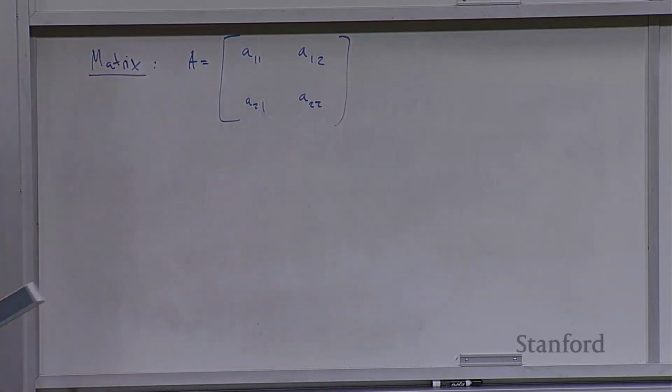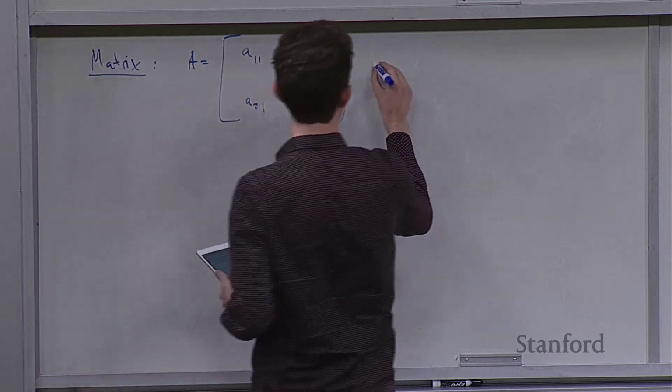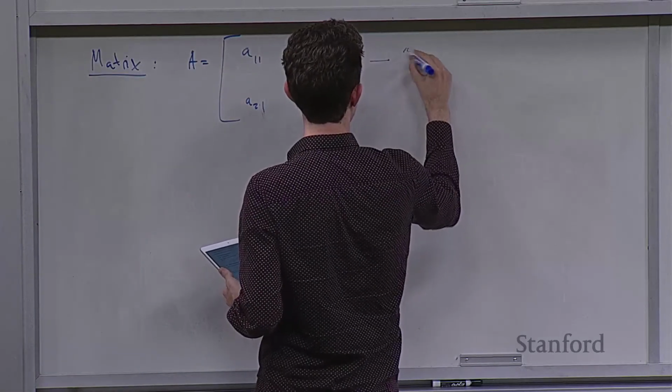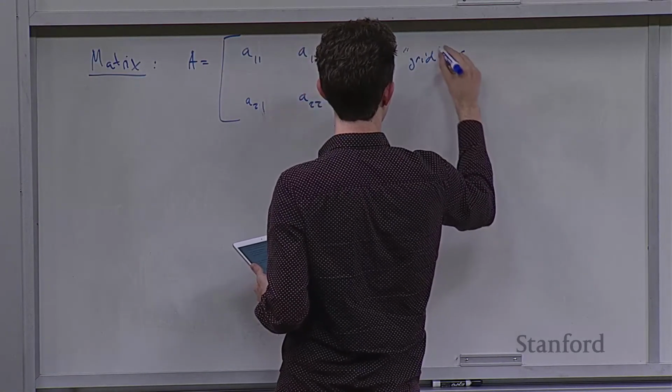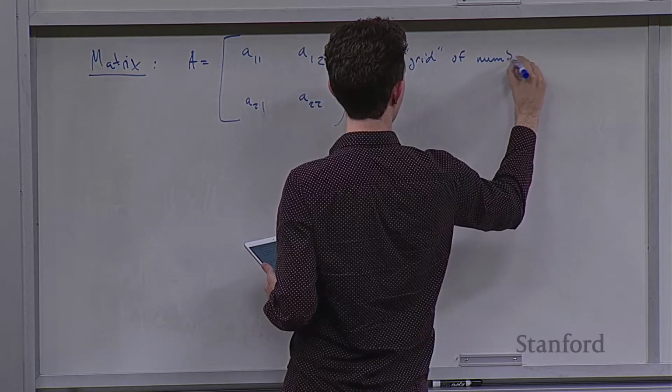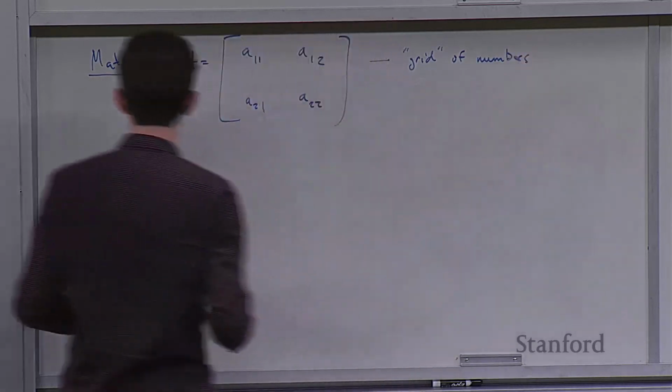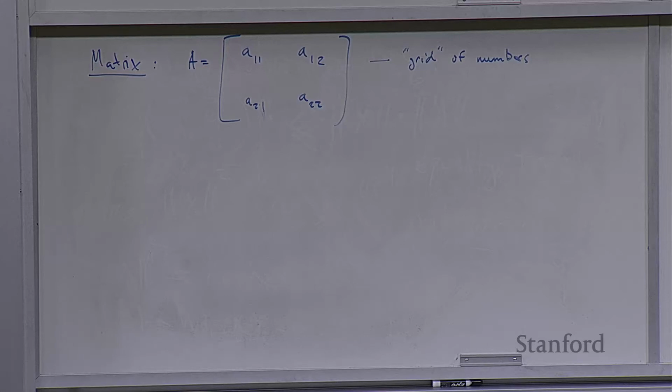But in general, it can be any sized grid of numbers. So a matrix is just a grid of numbers. For our purposes, these numbers will always be real numbers, so no complex numbers or anything like that. Cool. Questions?